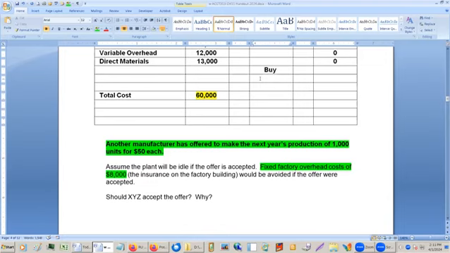Okay, we'll make 1,000 units times $50 equals, I know this one, 50,000.